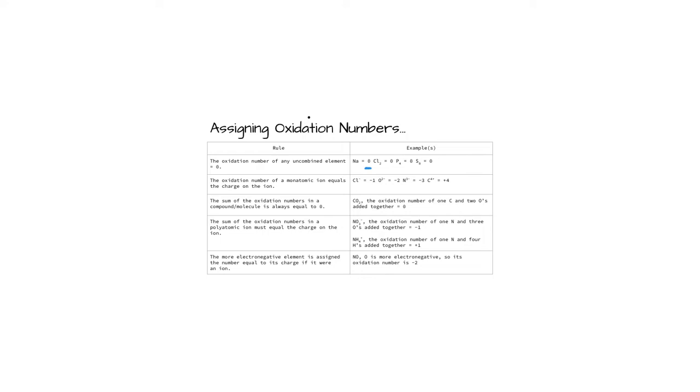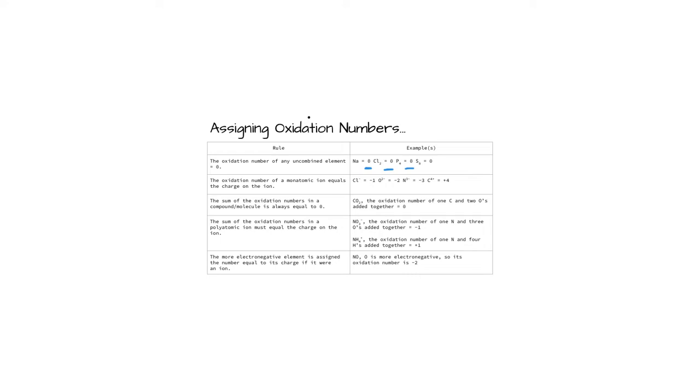Diatomic chlorine, if by itself, would get an oxidation number assigned of 0. Monatomic phosphorus, so in this case, you see there is a subscript of 4 there, but it is monatomic. It is not bound to any other element. It would get an oxidation number of 0 as well.